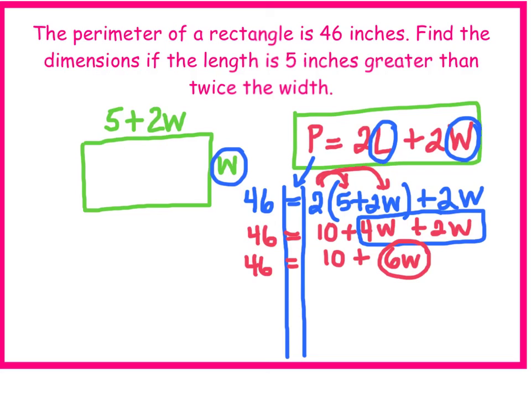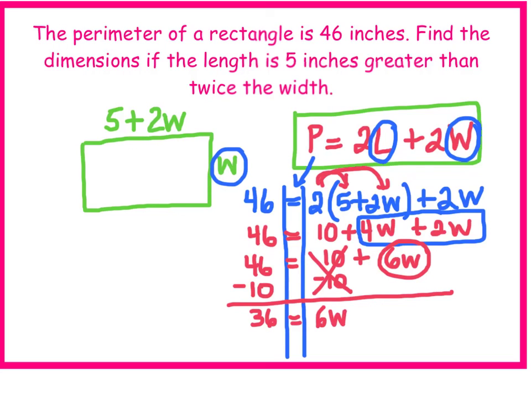Now, here's my term with the variable, so I'm going to subtract 10. So 36 is equal to 6w, and then divide both sides by 6, so w equals 6. So the width of my rectangle is 6 inches.